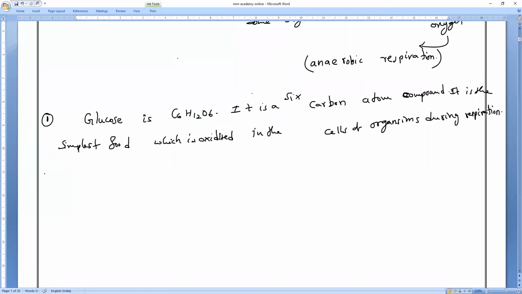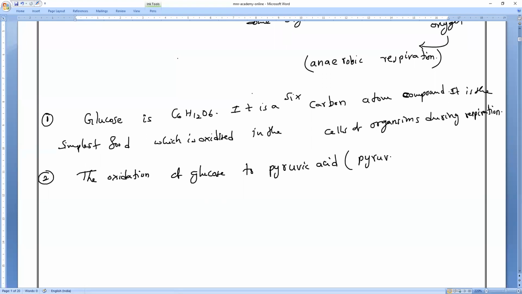So observe very carefully. During this oxidation of glucose, the first product is that glucose will be converted into pyruvic acid. So the oxidation of glucose to pyruvic acid, or we can say pyruvate, is called glycolysis.